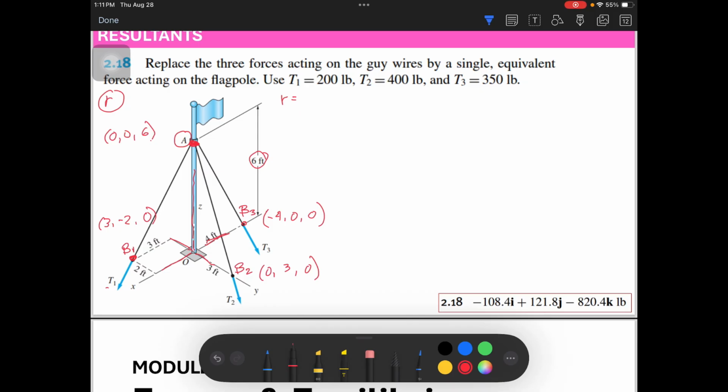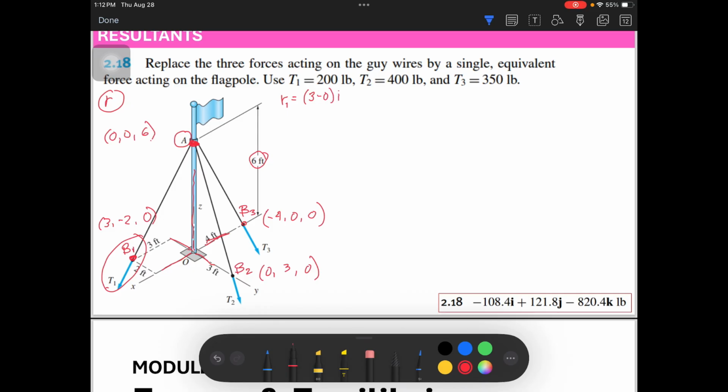So, ngayon, pwede natin kunin yung R or yung location vector niya. So, lahat ng X, ima-minus natin. So, for force 1. So, force 1 muna tayo. So, B1 and point A. So, what is our B? It's yung X. It's 3 positive minus 0.